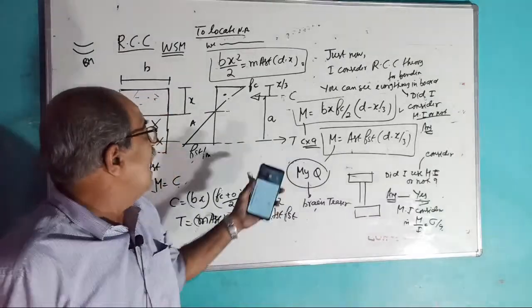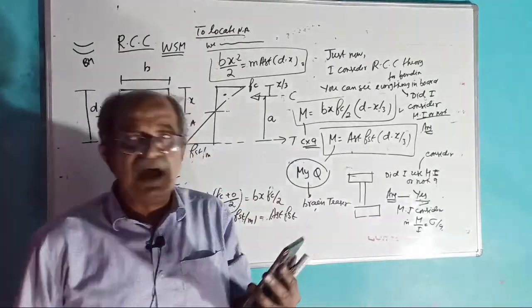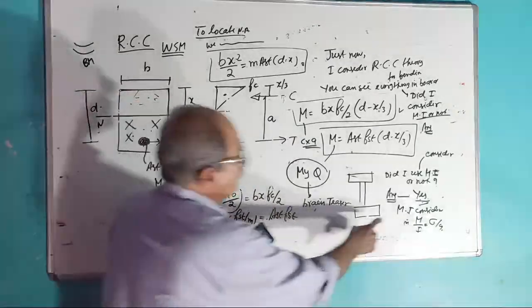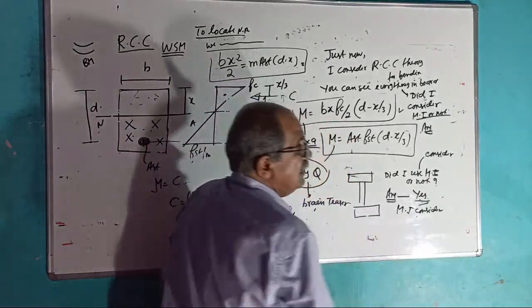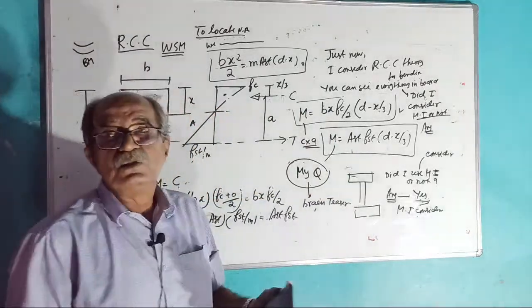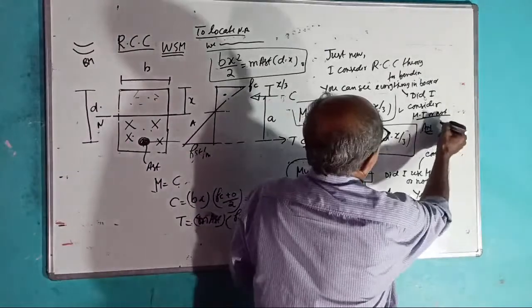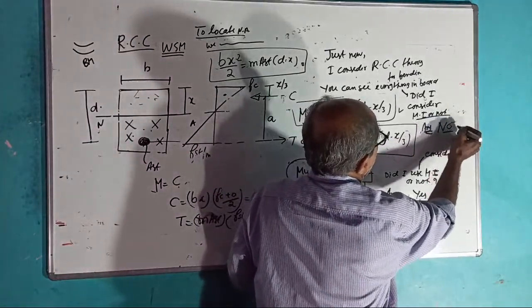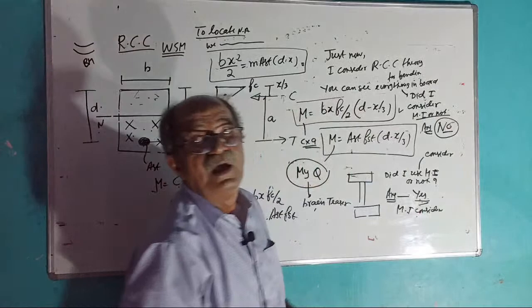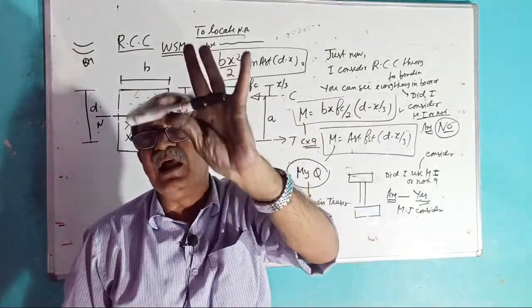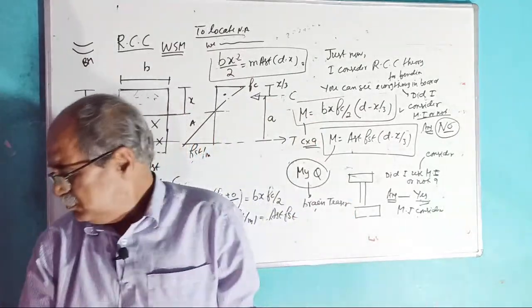Tell me. In the RCC theory which I told just now, everything is on the board, not M by I, not this one. In the RCC part, the answer is no. Correct? Answer is no.